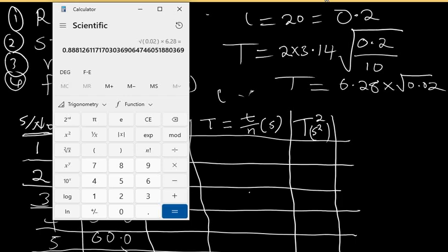Since I'm going with one decimal place, I have 0.9 approximately. So the period at that point is 0.9.